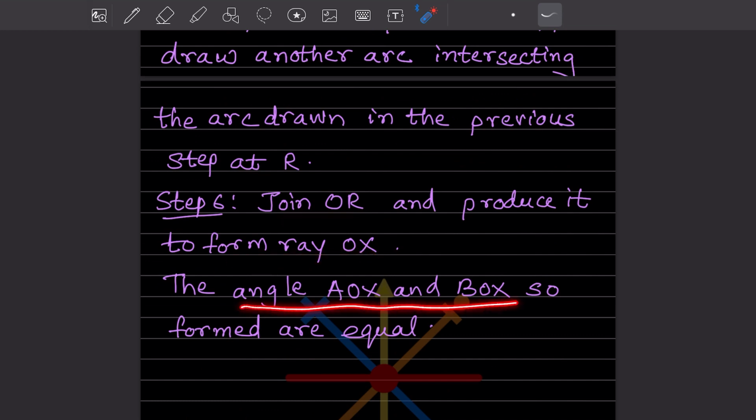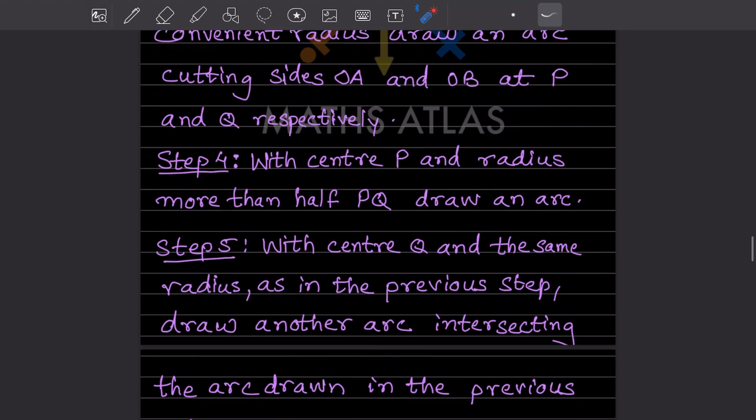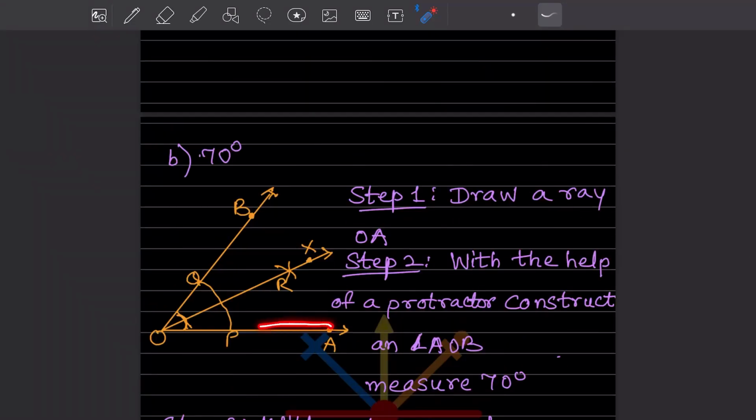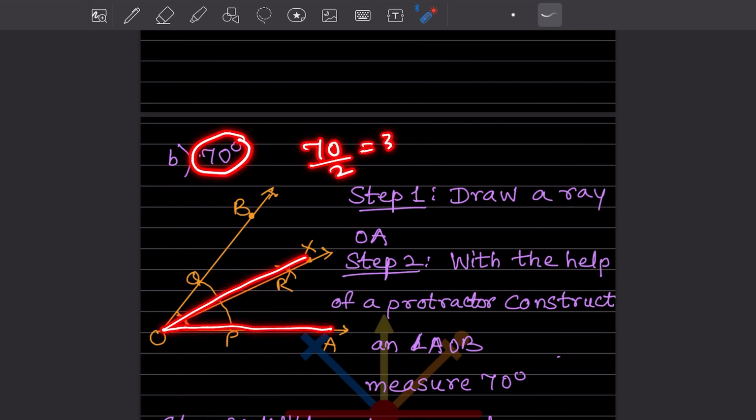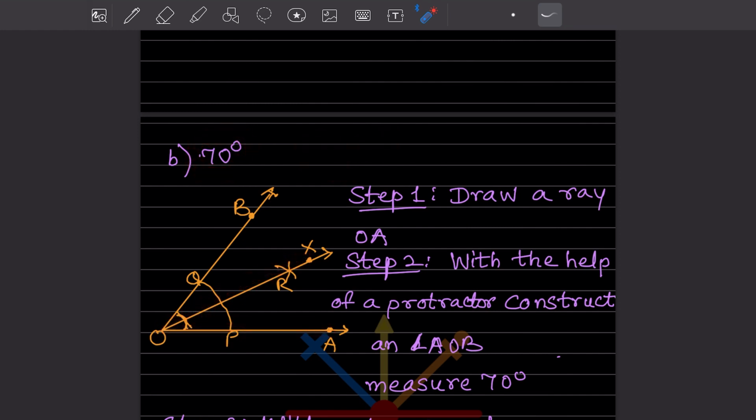The angles AOX and BOX so formed are equal. Can you see here? AOX, this angle, this is the bisector. It will definitely be 70 divided by 2, that is 35. You can measure this one, and this should be 35 and this also should be 35. So we have to just bisect it.